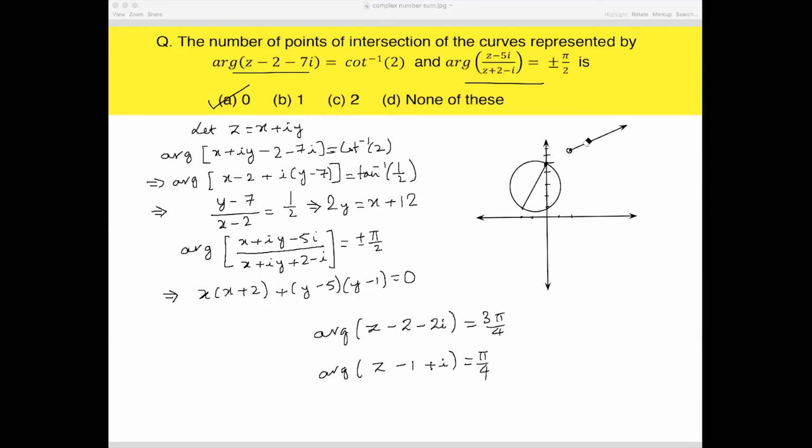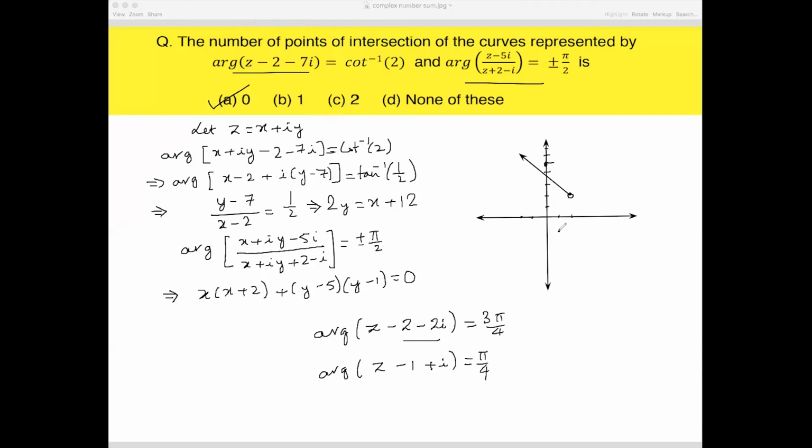Trying to do that, first one, you see the z1 is 2 + 2i. So 2 + 2i is the point, and the ray will move, as you must have already rightly guessed, in this direction, this 3π/4. Just supply the hole here because this point is not included. The next one, the point is 1 - i.